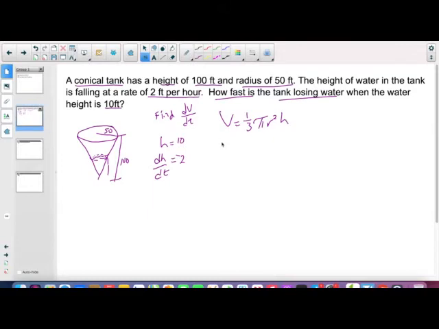Just looking at this at first glance, what I'm going to probably try to do is take the derivative implicitly. Now, don't write this down because I'm going to erase it, but I want you to see why this won't work. If I take the derivative of this implicitly, dV over dt is equal to, now we have to think about this as the product rule.